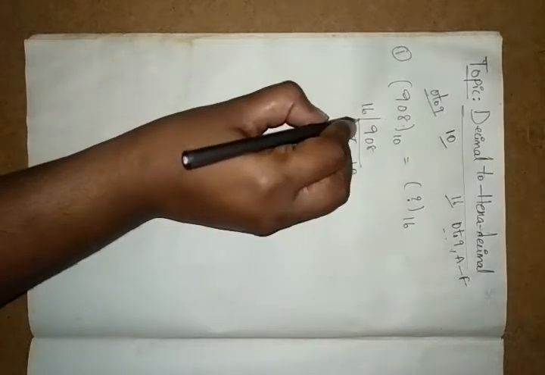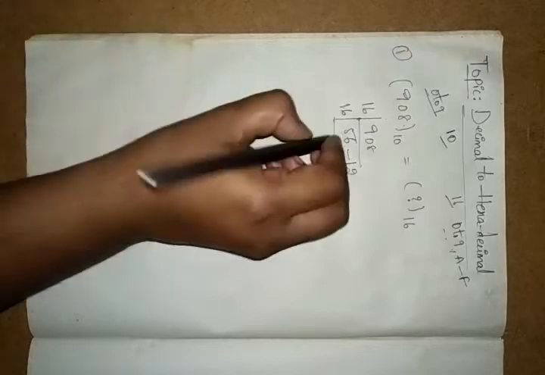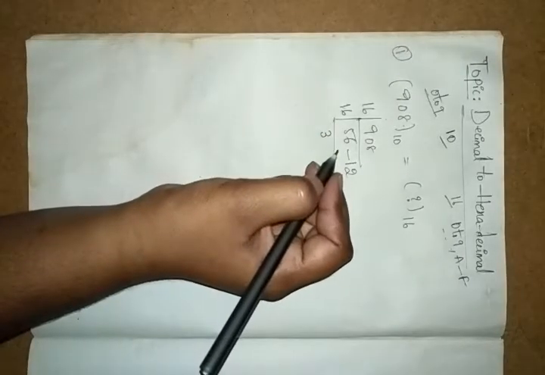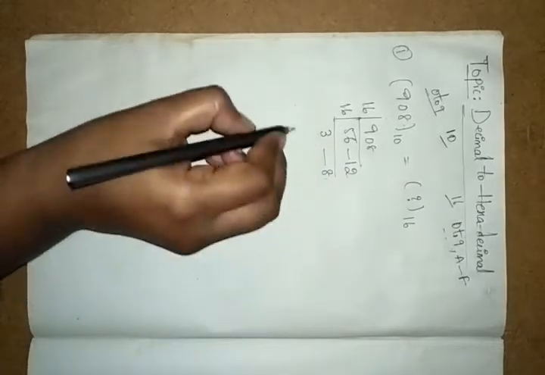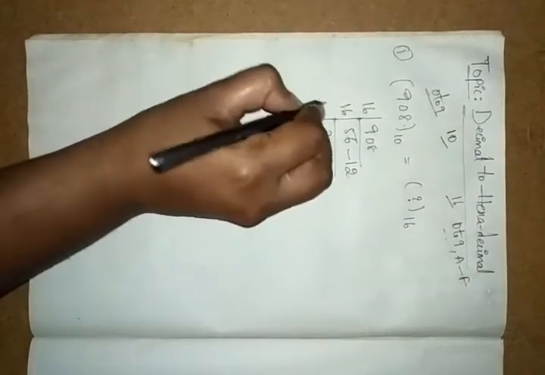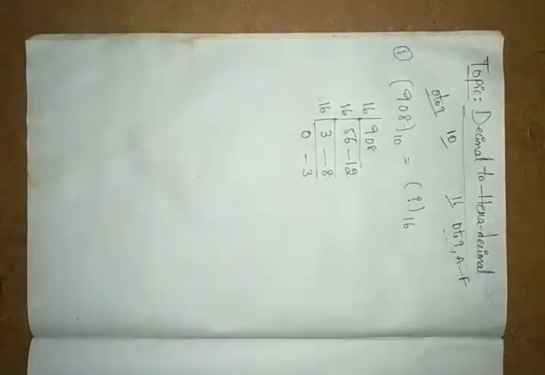Next we have 16 again. 16 threes are 48, left with 8, so it becomes 3 8 12. If you need, you can write 0 3 0 and 3.